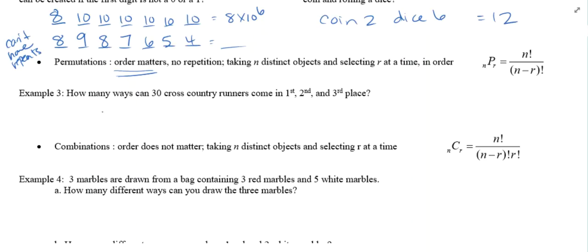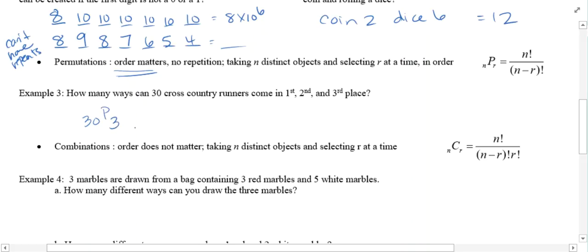So permutation, the order matters, we can tell the difference. Okay, so the notation for this is we have a total of 30 runners. We're going to do a permutation, and we want to select 3, first, second, third, 3 places. Okay, so just following this formula, do you remember what the exclamation mark means? That it's a factorial. That button is in your calculator.